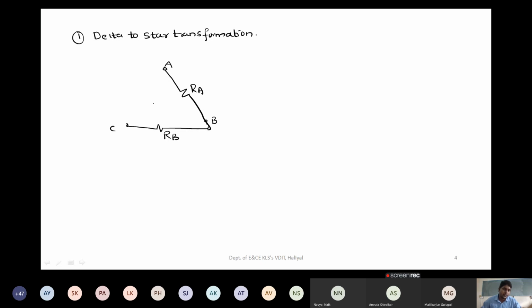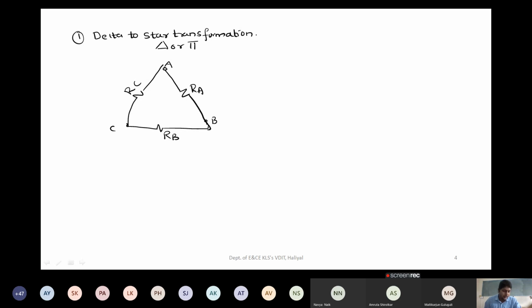In between A and C I can assume another one connected as RC. So this is a delta network or pi.